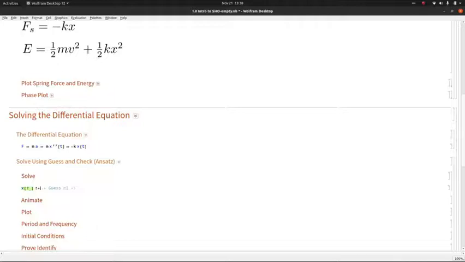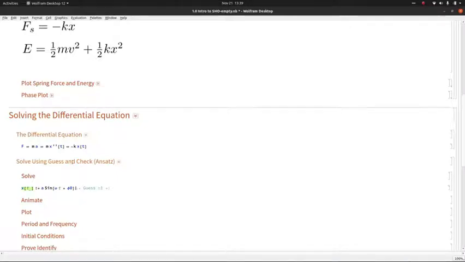So I'm going to write x of t, and I'll give it a constant a in front, and then I'll make it a sine function. And then I'm going to put in a few constants here. I'm cheating a little bit because I know what the solution is. And we'll see what each of these constants actually means momentarily. But this is going to be my guess.